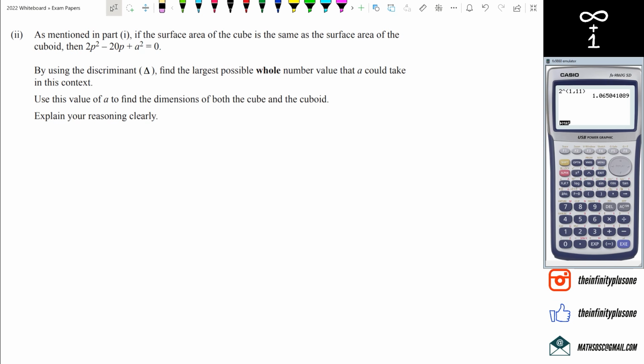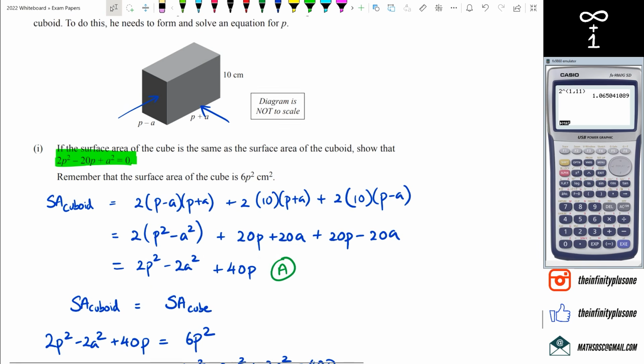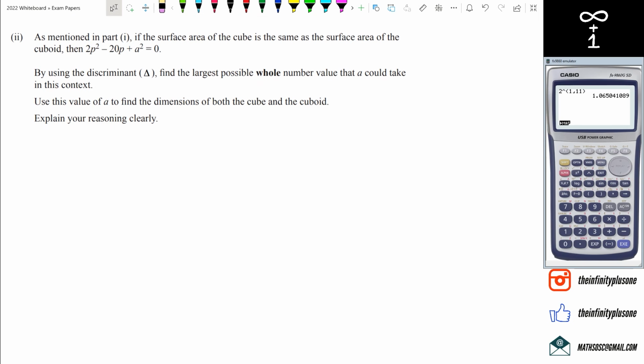Right, so remember that we've got this cuboid at the top there. I'm going to go back to the cuboid. We've got p minus a, p plus a, right? Because that's going to come into play. So I'm just going to draw that cuboid on the side here, just as a bit of a reminder for us. We've got p minus a, p plus a, and that's 10 right there.